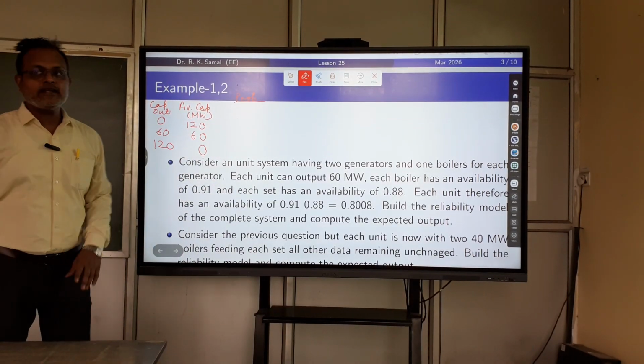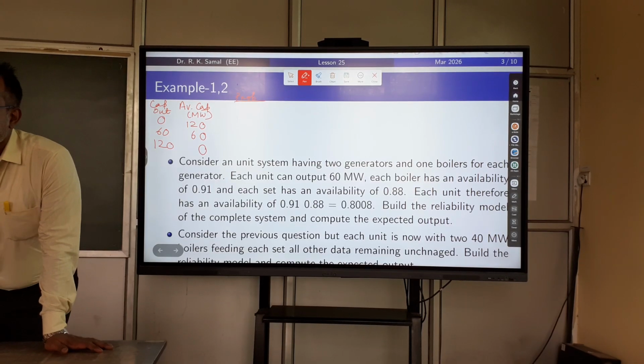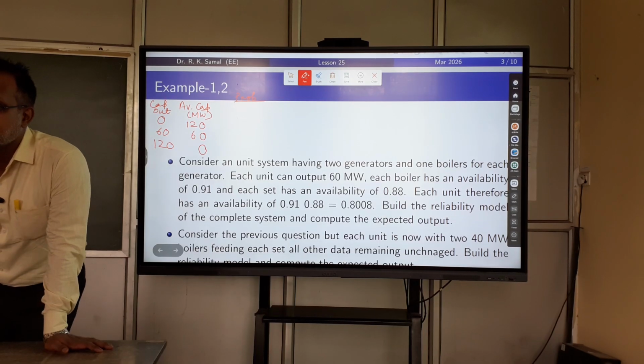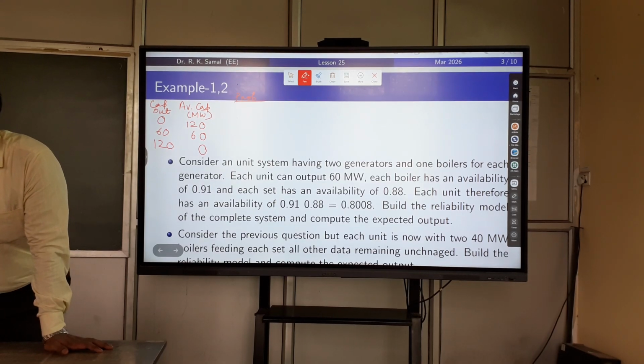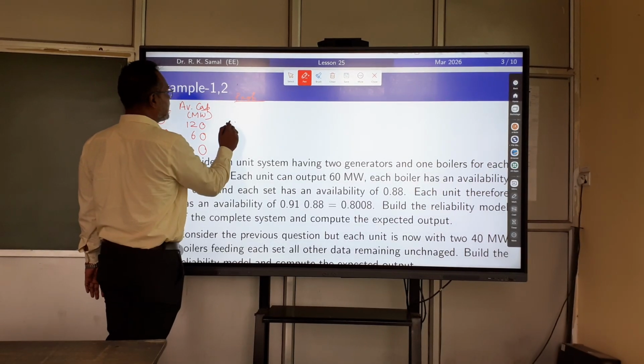What is the probability that both units are available? What is the availability of one unit, one set? 0.8008, that is the availability probability of one system. So there are two systems.